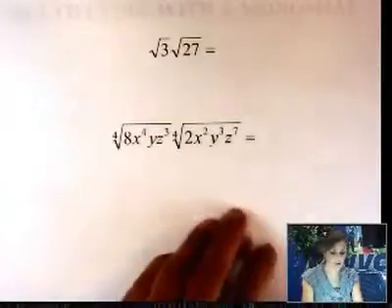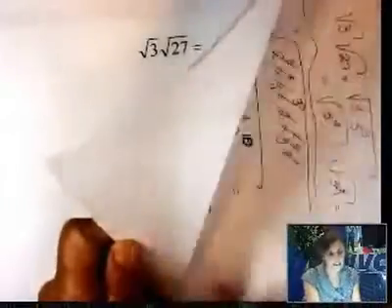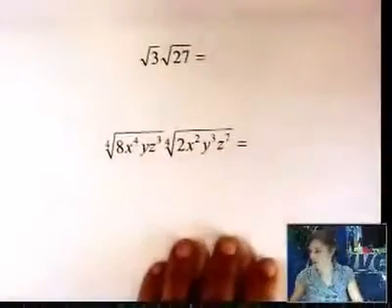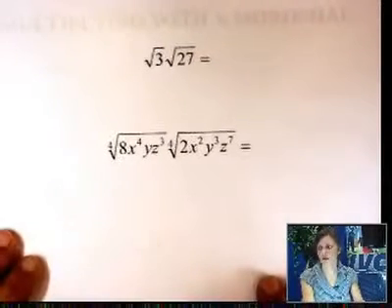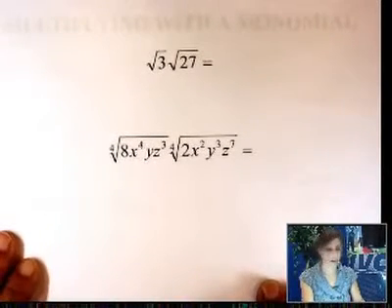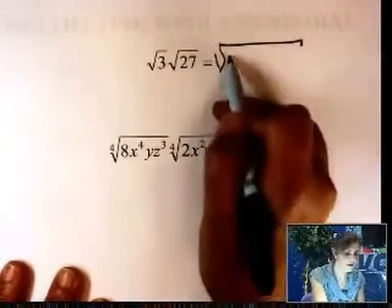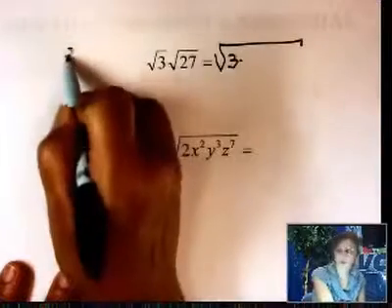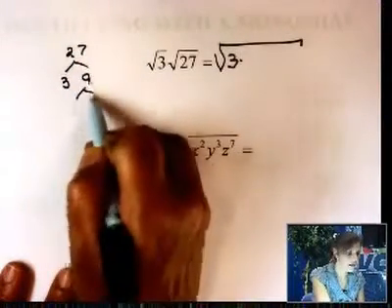So let's go do some of these. Okay, so let's go and do this, and I'm going to put it in the same big happy family. 3. What is 27? Remember, I can prime factor that. 3, 9, 3, 3.